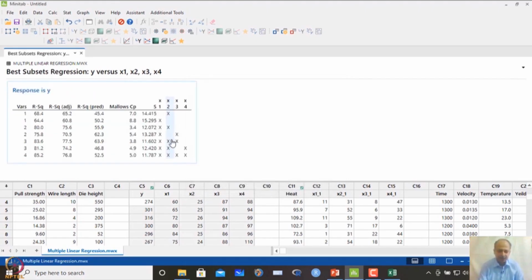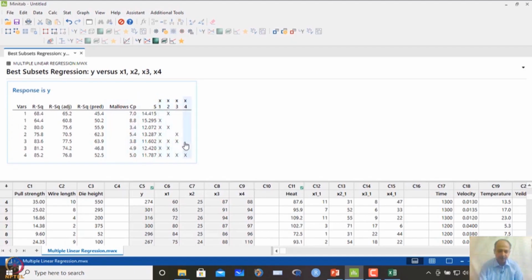In this case what you see is that x1 and x2, which is the best subset, is giving me a value of 3.4. So, this is more than 3 basically. The number of variables plus 1, and this is more than 3 over here. And this is 3.8, which is very close.